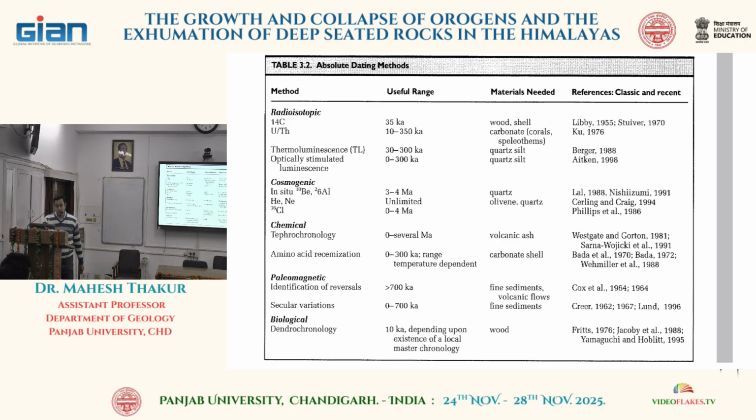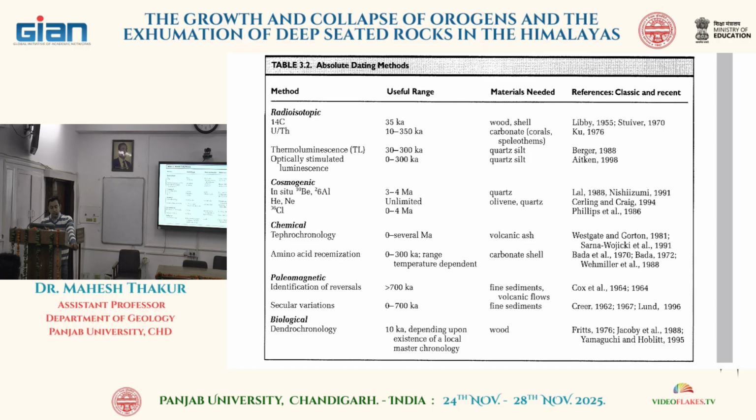This is just showing some of the absolute dating methods. Radiocarbon, C14, is used; the maximum age we can date is around 35,000 years, and the material used is wood or shells. Then thermoluminescence, with a maximum of 300,000 years, and the material used is quartz or silt.